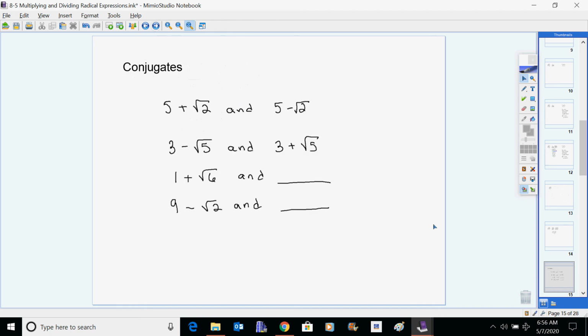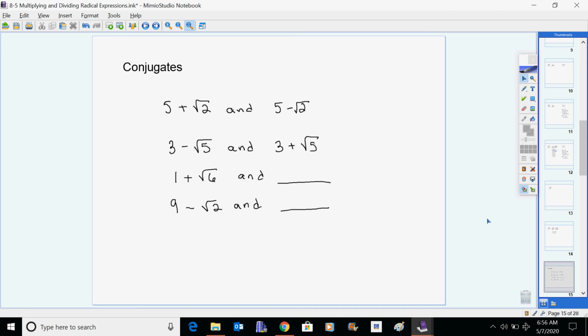Now, back to our conjugates that I mentioned earlier. Conjugates are important because we need to be able to rationalize denominators that have sums involved in them. So let's go back to this, and reviewing a conjugate is just the same beginning and same end with an opposite sign put in the middle. So here we have these, and if you want the conjugate, just put a minus in the middle instead of a plus.